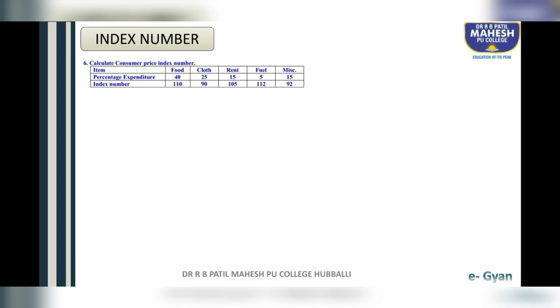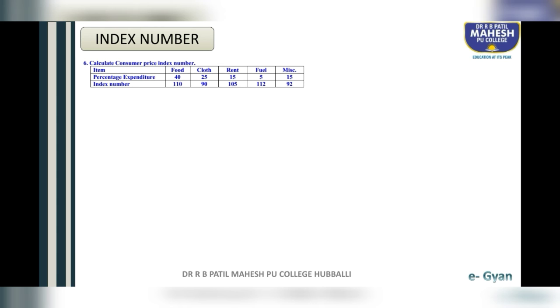Next variety of example. Calculate consumer price index number. The first column item is given. Second column percentage expenditure. The third column index number. Students, before solving this, observe the question.